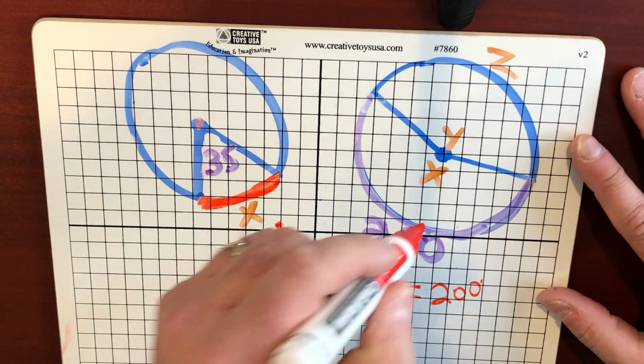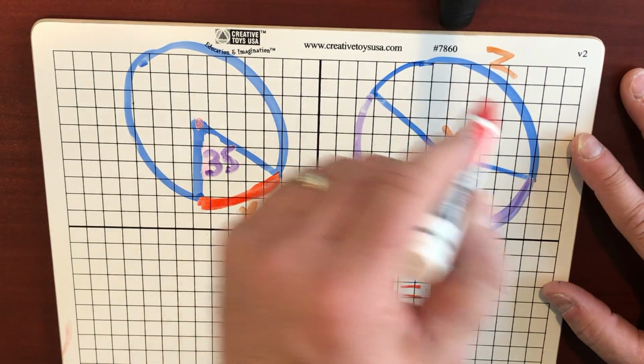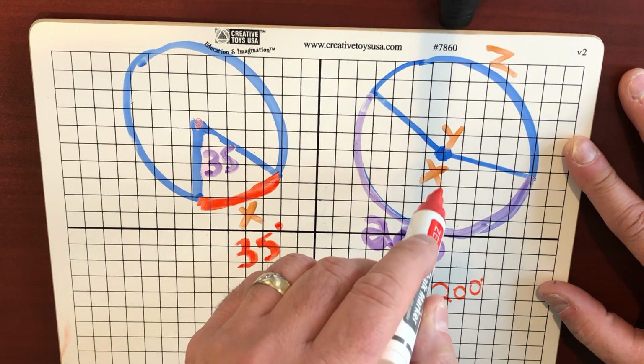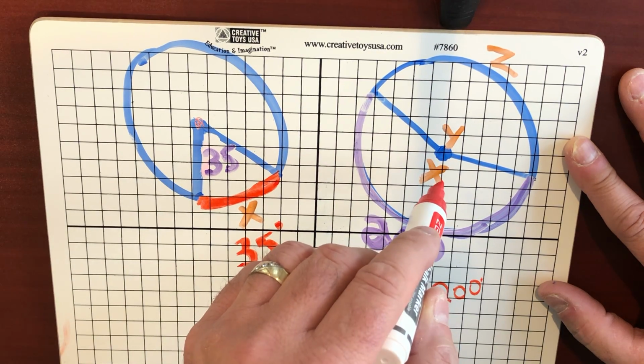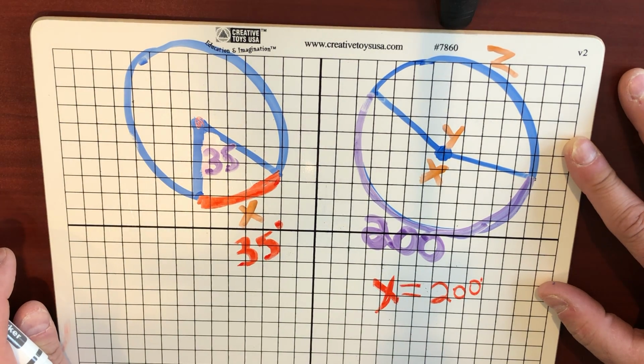Well, if that's 200, then the whole circle is comprised of 360 degrees, so we can easily find angle y. Angle y is going to be the angle that adds up with x to make 360.